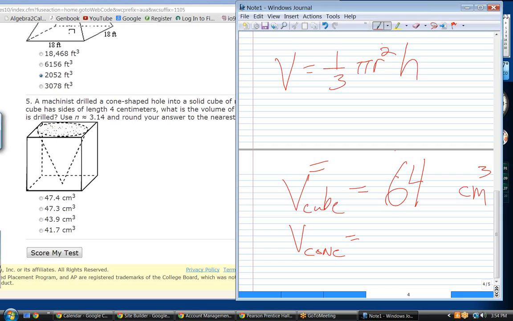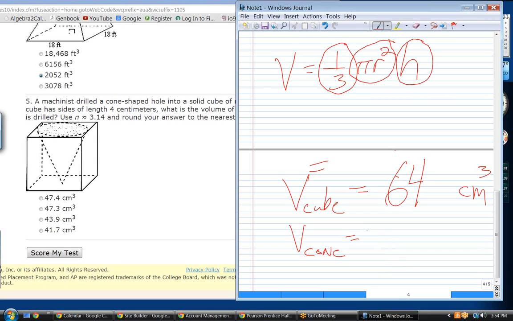Times the height. In other words, here's the area of the base of the cone. The height, just like a uniform object, but only 1/3 because it's going to a point, not solid all the way down. All right. So 1/3 pi r squared h.